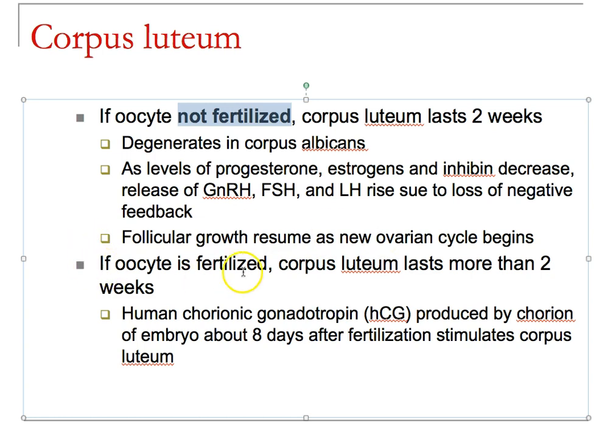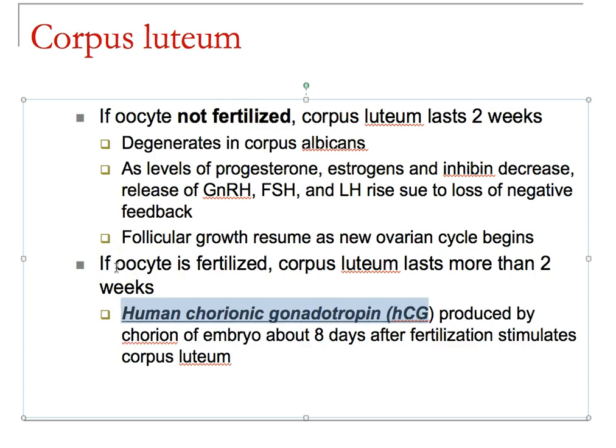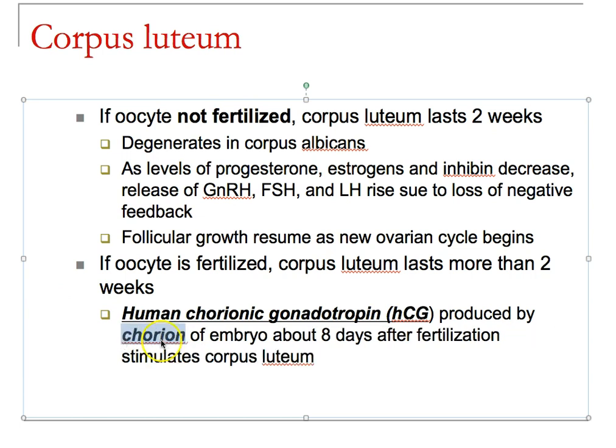Okay? If it's fertilized and it lasts more than 2 weeks, we now make a new hormone. Pause. Make sure you understand that. I'm saying we are making a new hormone. That's human chorionic gonadotropin. It's going to be made by the chorion of the embryo, which we get into inside chapter 29. But that actually is about 8 days after fertilization.